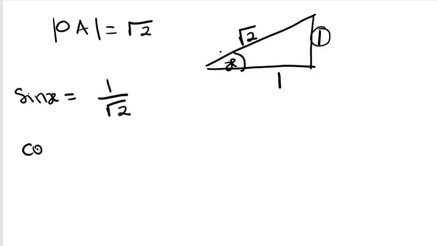Once again, if you want cos x, cos is adjacent over hypotenuse, and our adjacent is this 1. So 1 over hypotenuse, which is root 2. So our cos x is equal to 1 over root 2.